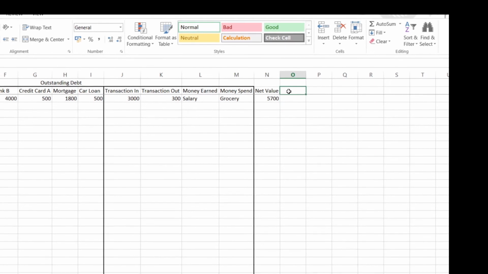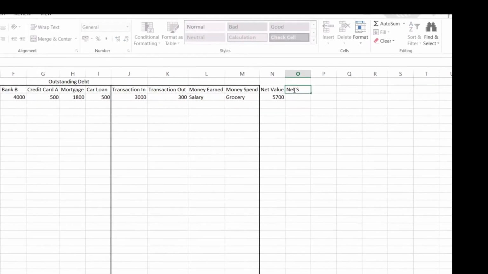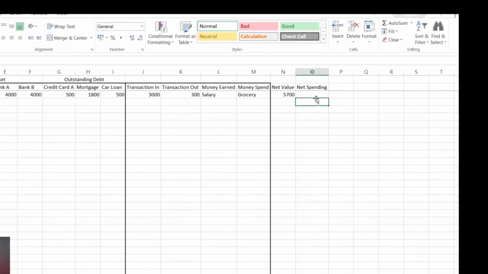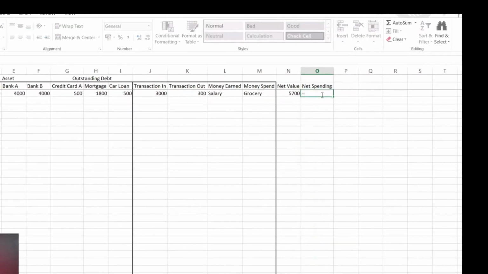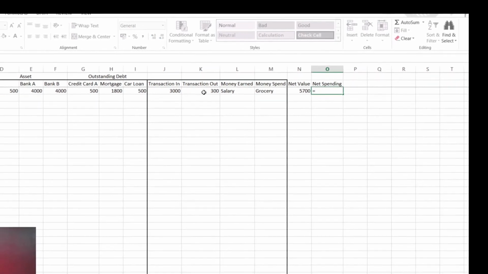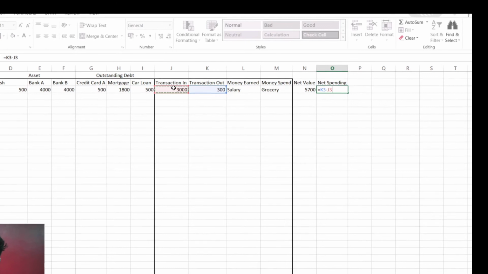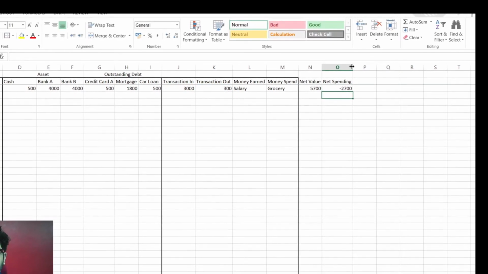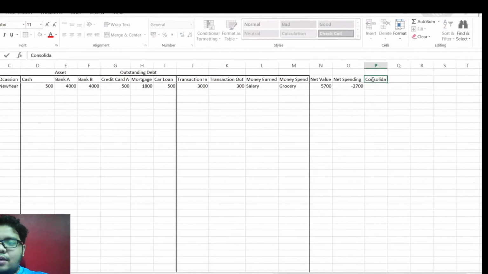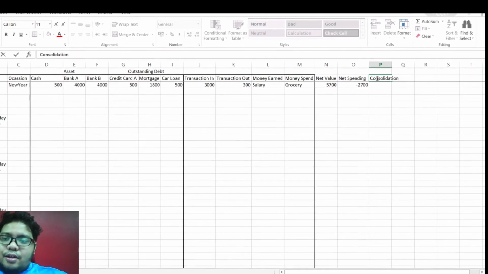Then there is your net spending. So net spending here is, for example, transaction out minus transaction in. This is your net spending, and it is to check whether your calculation is correct or not.